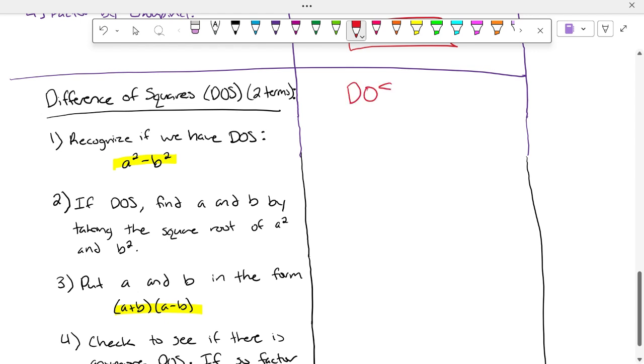All right, so my difference of squares example. I'm gonna do example 2. So on page 11, example 2. So that example is 4t squared minus 25.